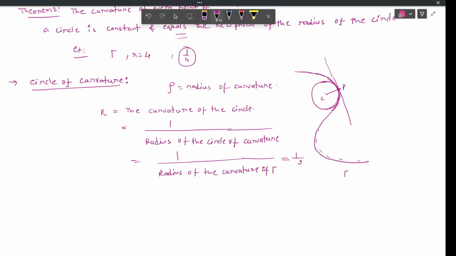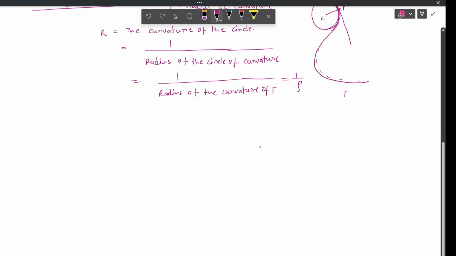This is 1 by rho. Thus we get k equals 1 by rho at any point on the curve. So this is the relation between curvature and radius of curvature of the curve. Remember this.